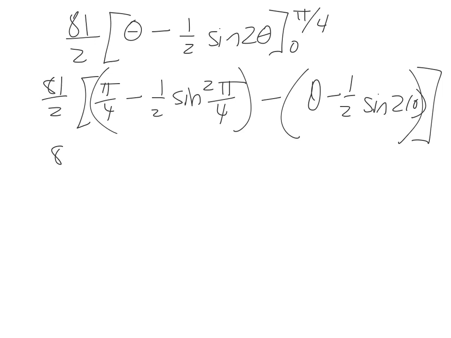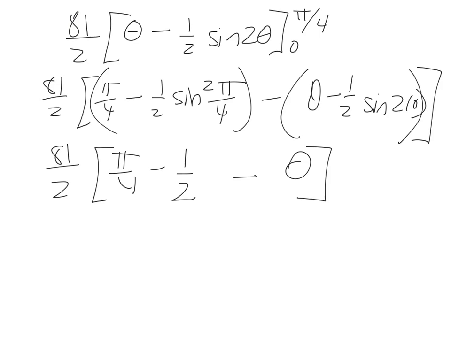So 81 over 2 times, this will be pi over 4, the sine of pi over 4, square root of 2 over 2. Oh wait, 2 pi over 4, sorry. Sine of pi over 2 is 1, times 1/2 is 1/2. So pi over 4 minus 1/2, and this second one with the sine of 0 is just 0.